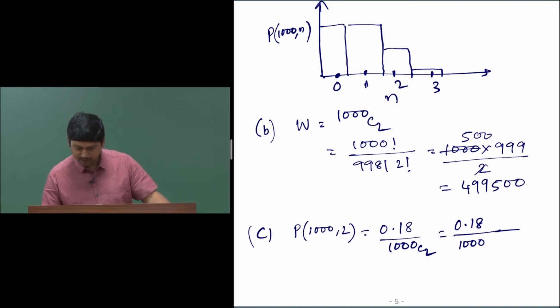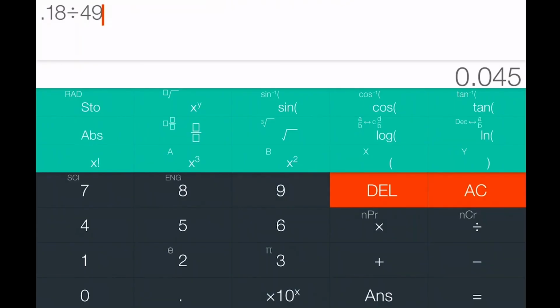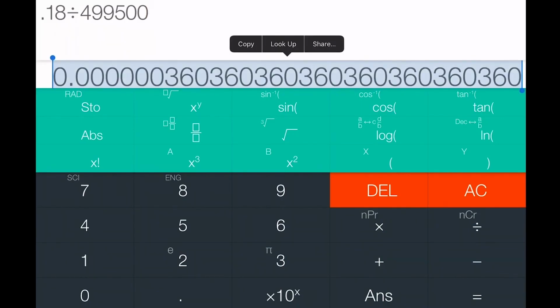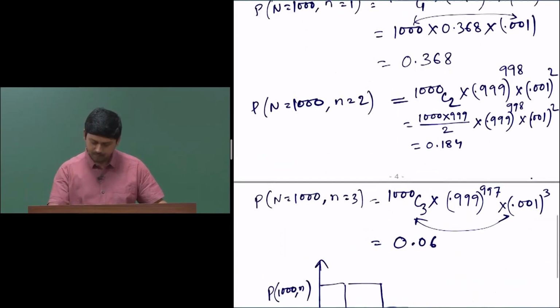We have already done that, of course. It will be 499500. Let us see how much that comes. Okay, so it is 3.6 into 10 to the power minus 7. That is the answer.